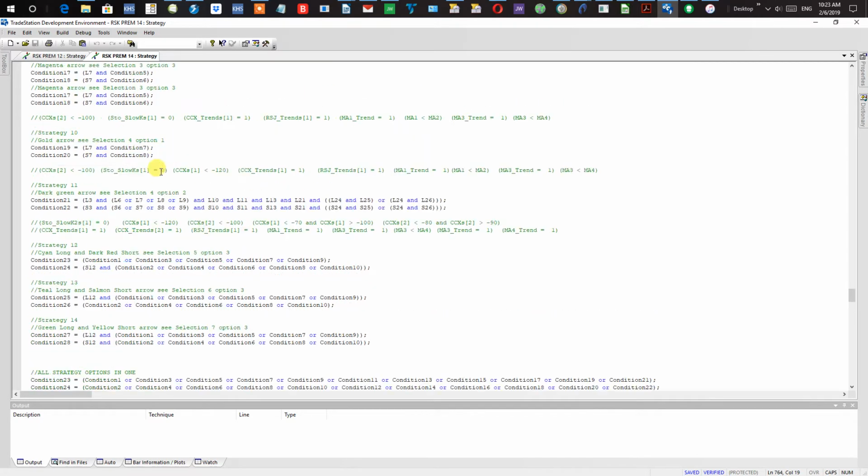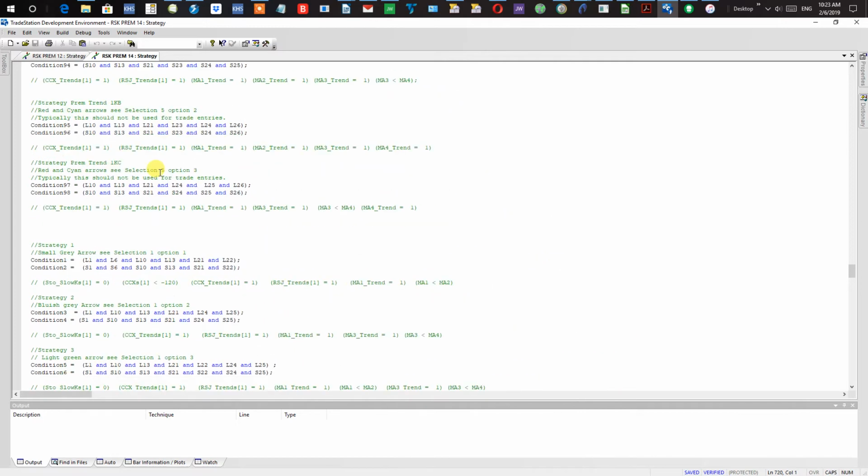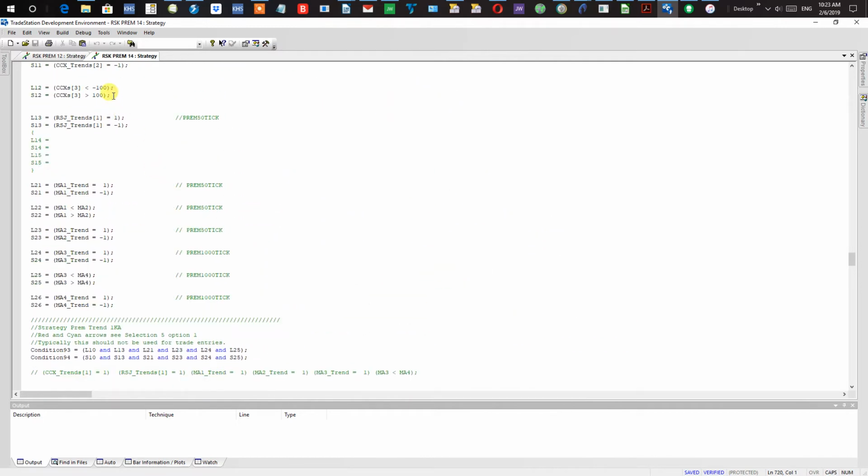And S12 up here is defined as the CCX being above 100. The CCX has to be above 100. And it has to correspond with the data feed number 3.